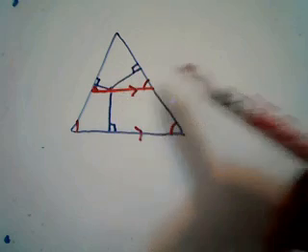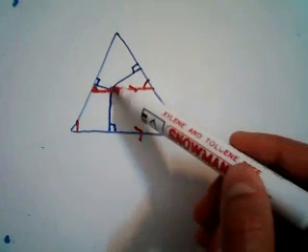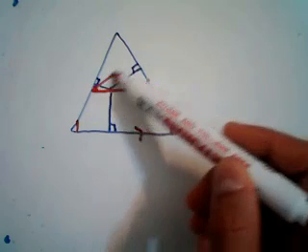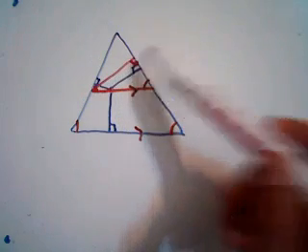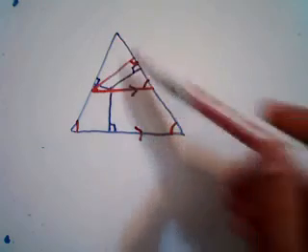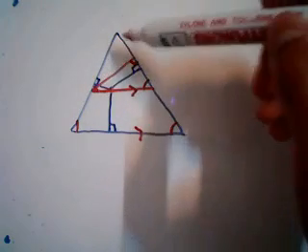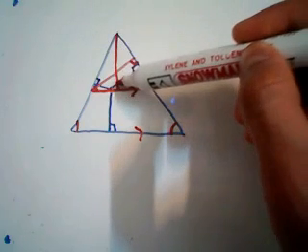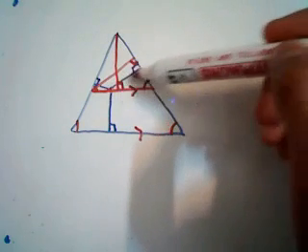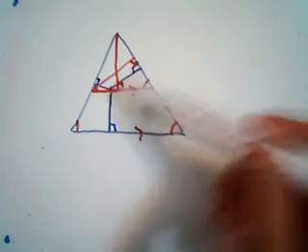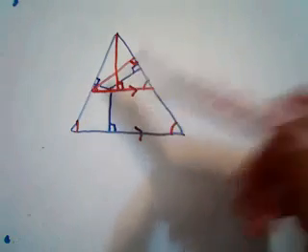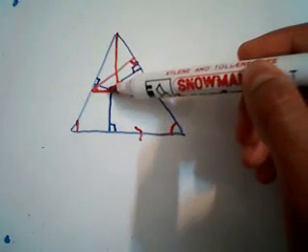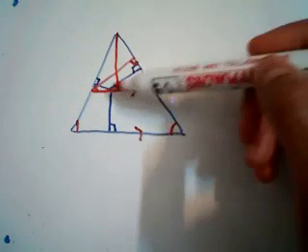So according to the previous theorem, the sum of these two should be equal to the altitude. But since this is an equilateral one, this altitude equals this altitude also. So the sum of these two distances or perpendiculars equals this altitude plus this.